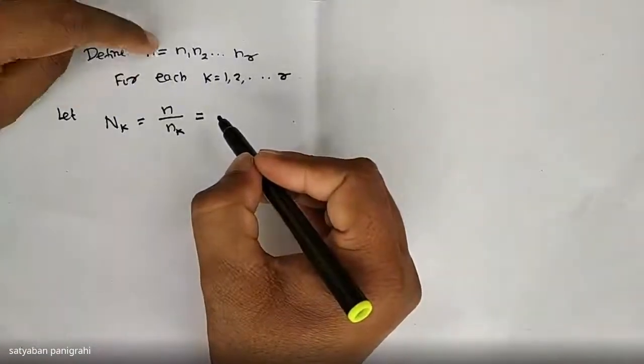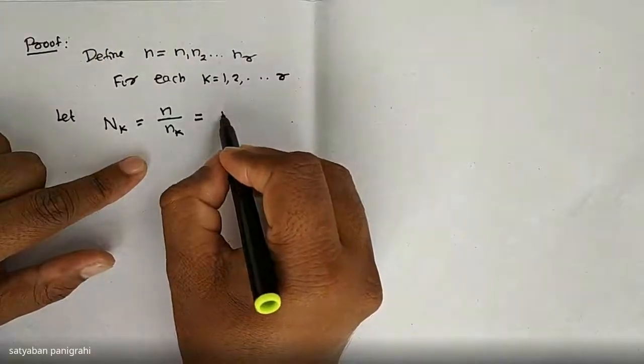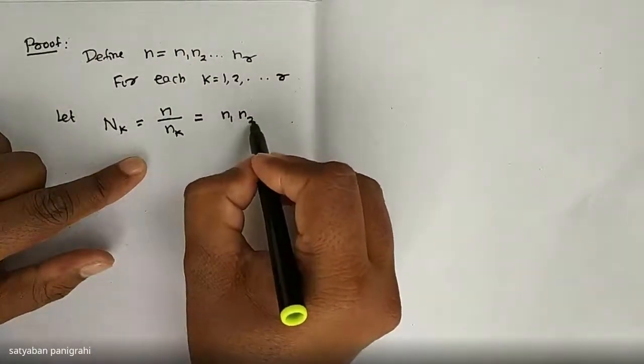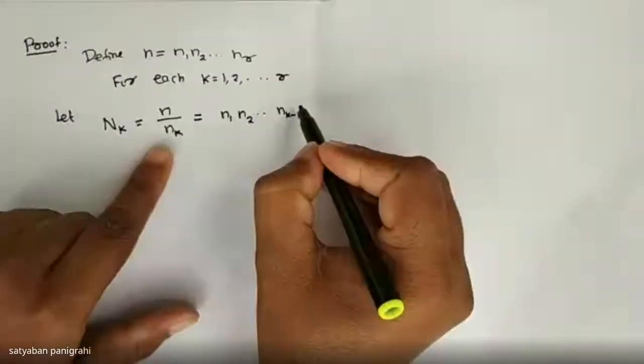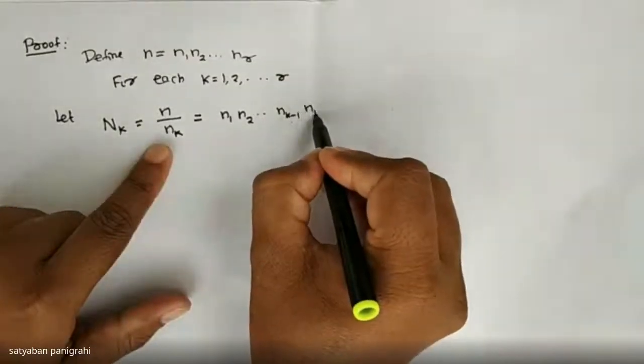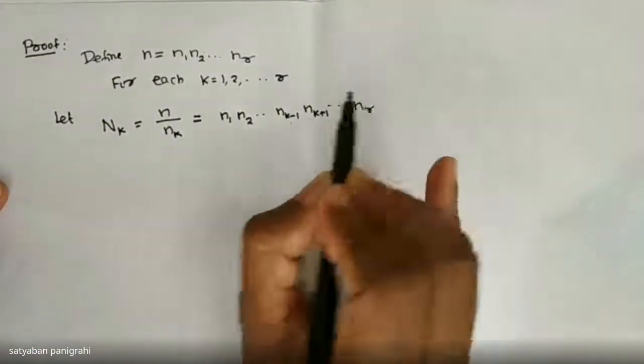If you divide N by Nk, then the result will be N1·N2·…·N(k-1) times N(k+1) up to NR, with Nk removed.